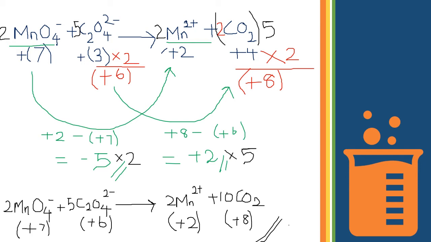We're not done yet. There are a few more steps to go. Time for step number 4. In this step, we balance the charges. If the resultant medium is acidic, then H plus is added to the less positive side, or in other words, the more negative side.